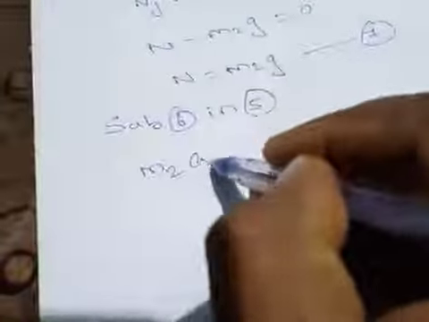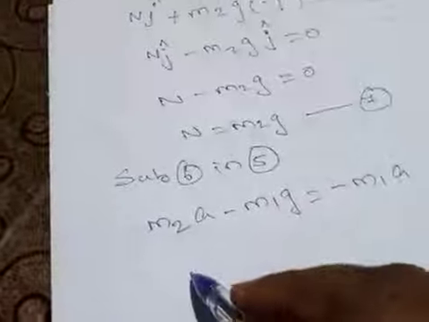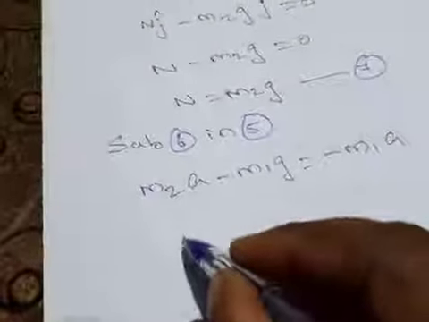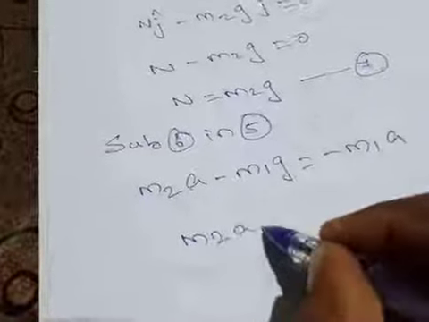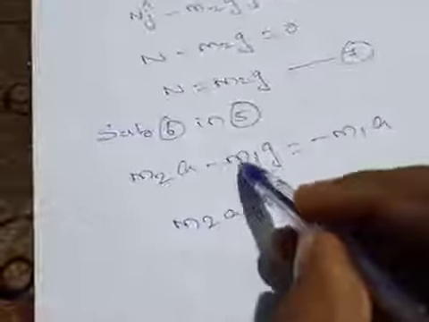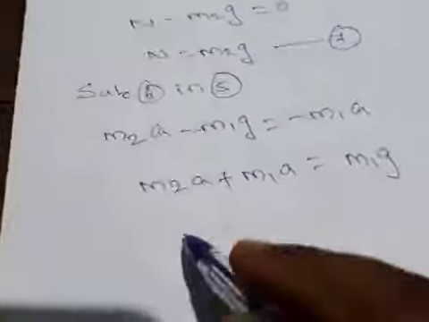Taking the A terms together, M2A plus M1A, and the minus M1G goes to that side as plus M1G.